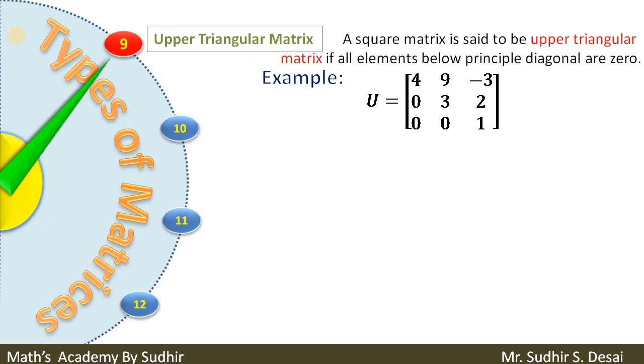Upper triangular matrices are normally denoted by the capital letter U. This matrix is of order 3 by 3. Rows and columns are equal, so it is a square matrix. Now check the elements below the principal diagonal. What are the elements below the principal diagonal? All are 0. So this is an upper triangular matrix.